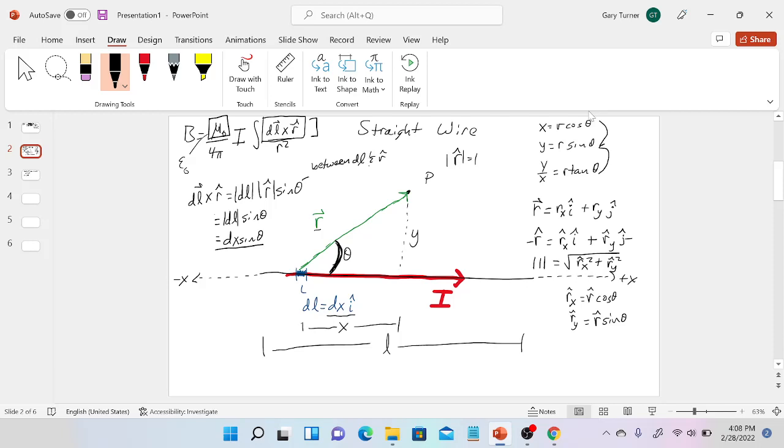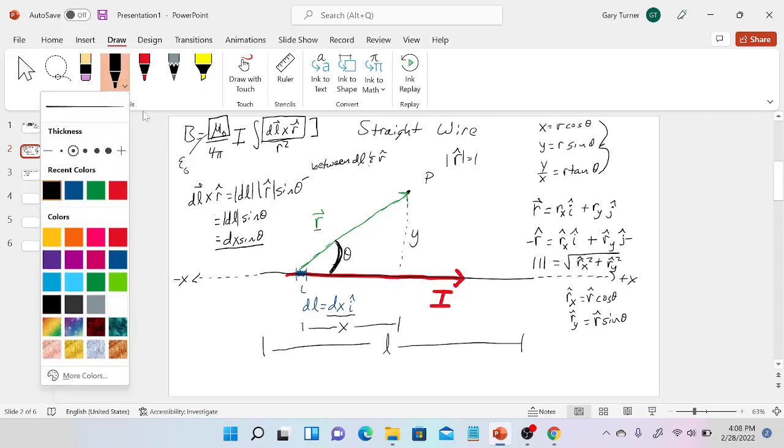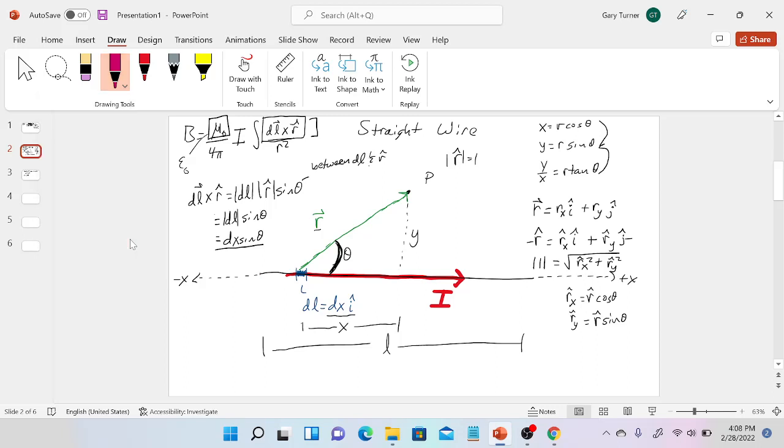In this case, it's usually standard to integrate over angles. So I'm going to integrate from some maximum angle, and let's give it purple. So the endpoint is here and the other endpoint is here.